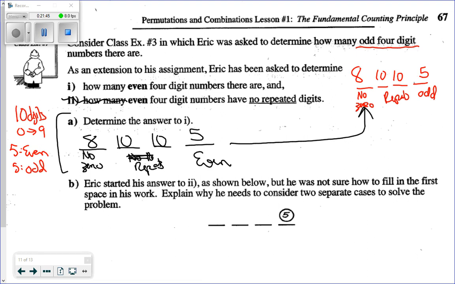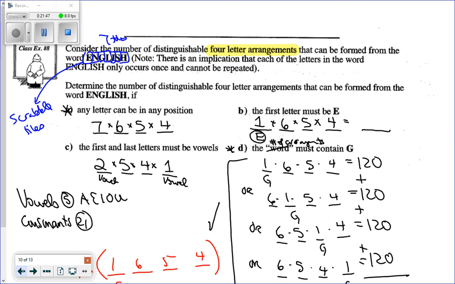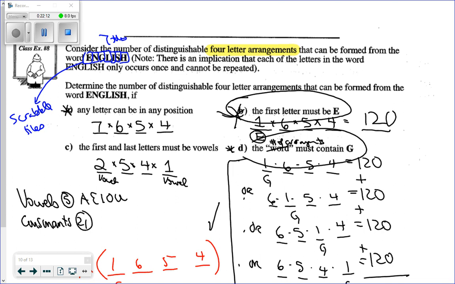Here, case in point. The answer to part B here is 120. Each of these was also 120. So all of those have the same outcome, even though they look like completely different questions. So if this was a question on the diploma and I gave you this as a scenario, first letter must be E, and I gave you another scenario that said the second letter must be a G, so it's this one.